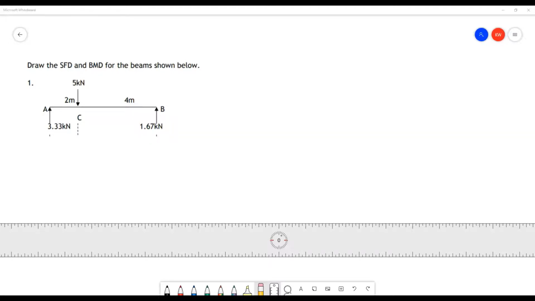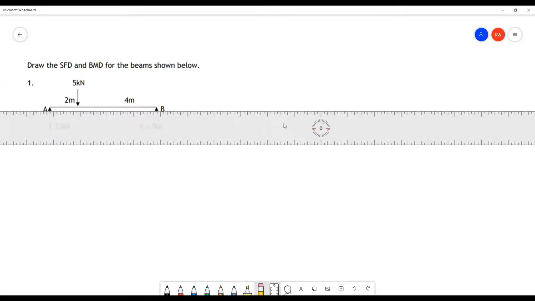So the first thing we're going to want to do is to create our shear force diagram. To make things a little bit easier, I'm just going to draw a straight line as our baseline for our shear force diagram.